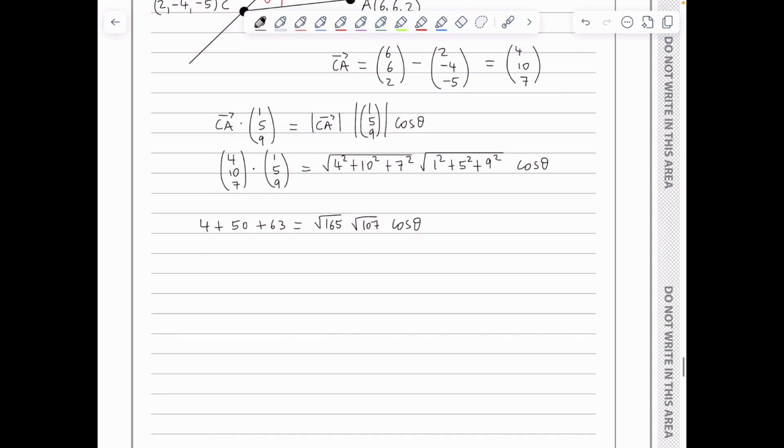So on the left hand side we've got 117. I'll divide by root of 165 and the root of 107, and this is equal to the cosine of theta. And if I do shift cos of the left hand side, we arrive at theta being equal to 28.3 degrees.